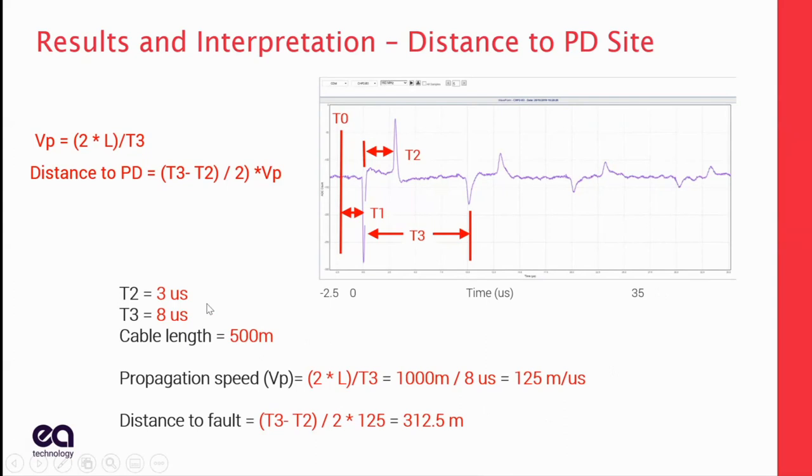In this case, T2 is 3 microseconds, T3 is 8 microseconds, and we know how long the cable is. It's always important to know that. We can tell that the propagation speed is 125 meters per microsecond, and the distance to the fault is 312 meters. Now, I don't know that it's exactly 312 meters. I know that it's somewhere between 300 and 320 meters.